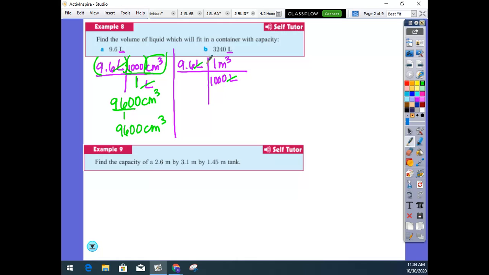Multiply across, and I get 9.6 meters cubed divided by 1,000. You multiply across and divide by the bottom because it's like a fraction. Anytime you divide by 1,000, you go 1, 2, 3 zeros, and we're just filling in those spaces.